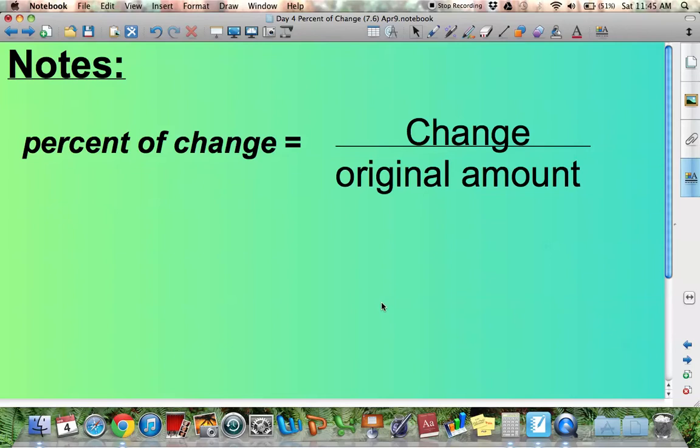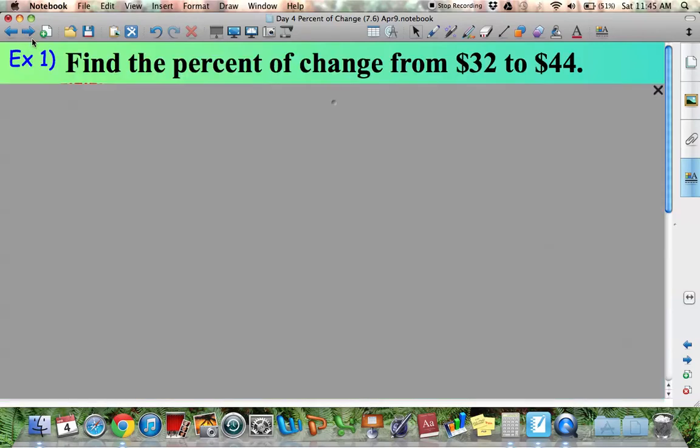So let's look at an example or two of that. In your notebooks, would you please write down this first example? Example 1, I'm asking you to find the percent of change from $32 to $44. I'll give you a moment to write that down.